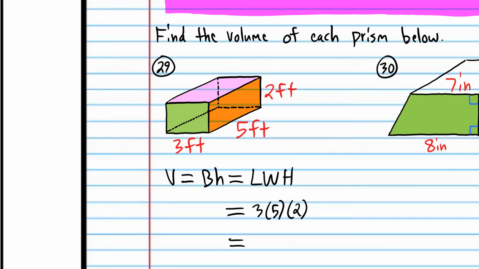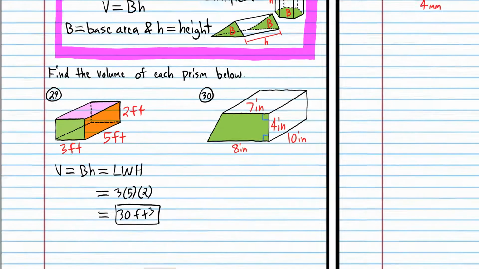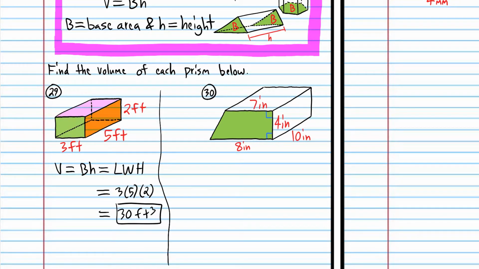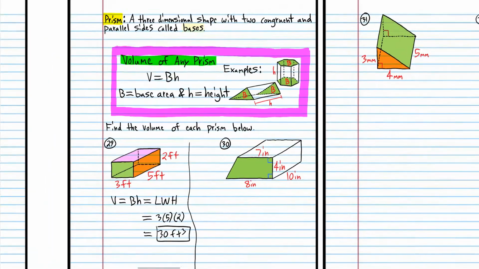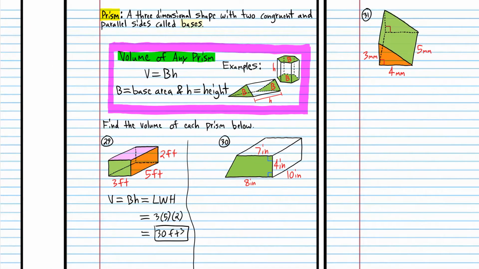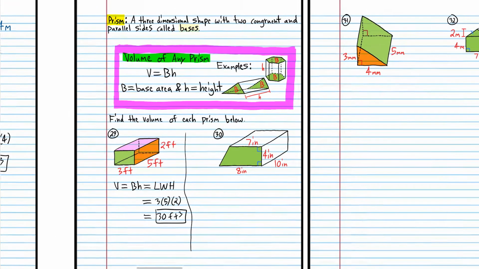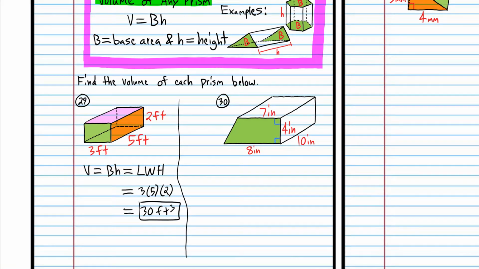So the final answer is 30 cubic feet. So that's just an example that shows you that you can find the volume with this formula for a rectangular prism. So now number 30, it's important to understand that the bases are actually trapezoids.